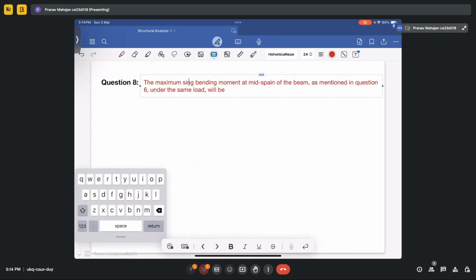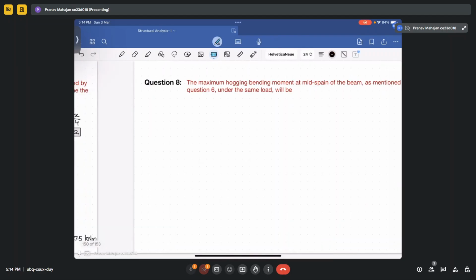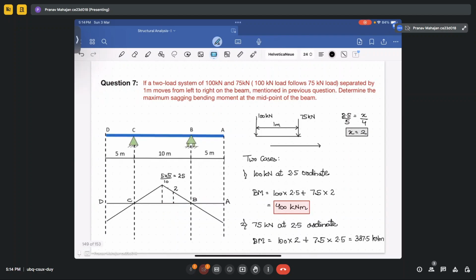Okay, so let me change this first. So it is maximum hogging moment. If you are required to calculate the maximum hogging moment, I will not waste time to draw the ILD again. I will take this same figure.